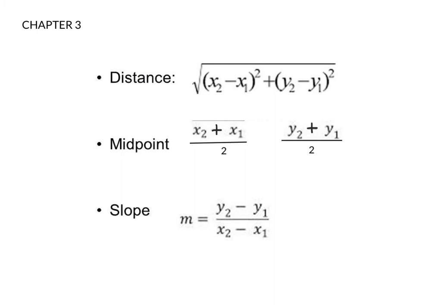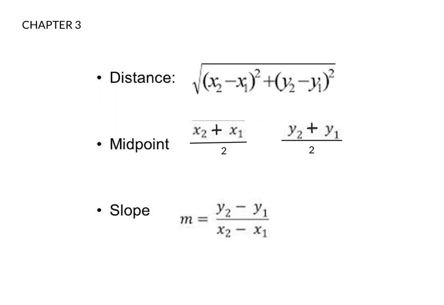We also did some formulas here: distance, midpoint, and slope. For distance, subtract your two x's and square, subtract your two y's and square. Midpoint, you add them and divide. And slope is the difference of your y's over the difference of your x's.